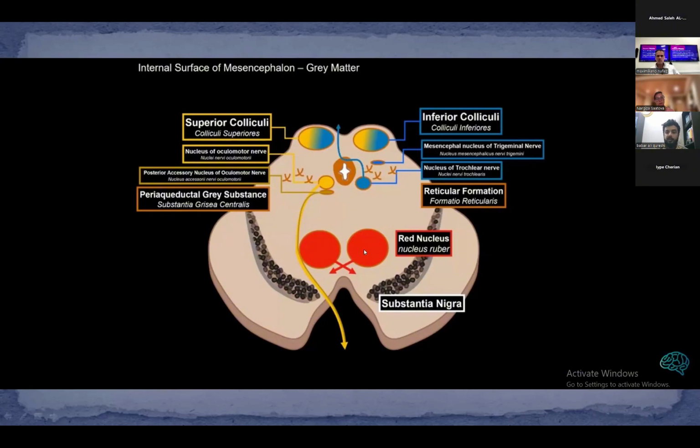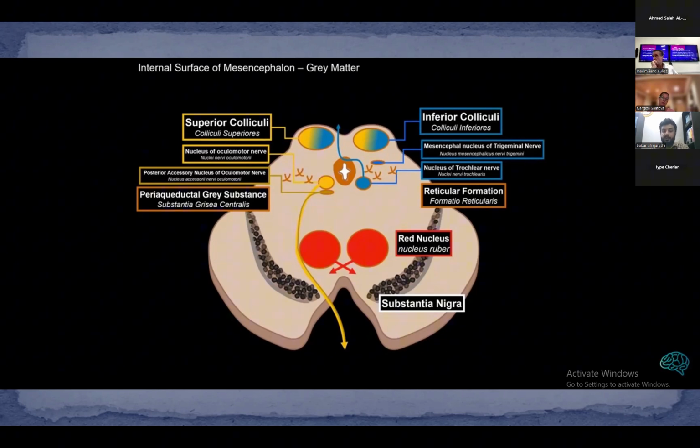Let's discuss another important nucleus here in the midbrain, that is the red nuclei. Just behind the substantia nigra, these are the two red structures which appear red grossly because of the high level of iron, because of the ferritin or hemoglobin.